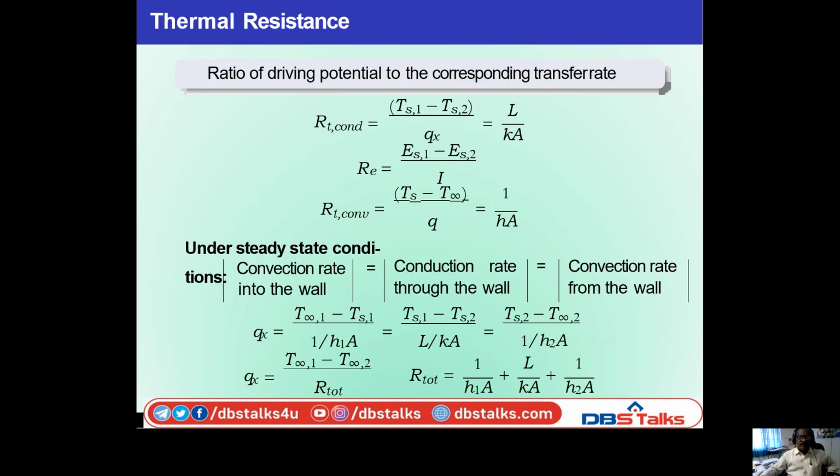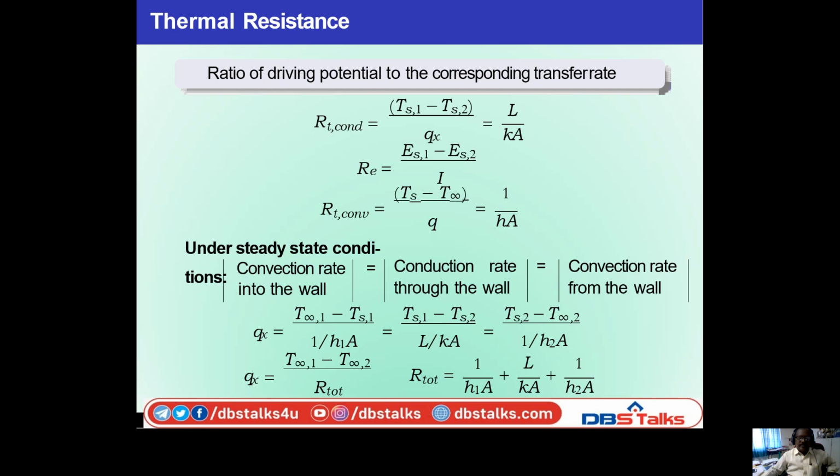So Qx equals, on the hot side, (T infinity 1 minus Ts1) by 1 by h1A, which equals across the wall (Ts1 minus Ts2) by L by kA, which equals (Ts2 minus T infinity 2) by 1 by h2A. Here h1 and h2 are heat transfer coefficients, and k is thermal conductivity. So the total heat transfer across the entire system is (T infinity 1 minus T infinity 2) by total resistance.